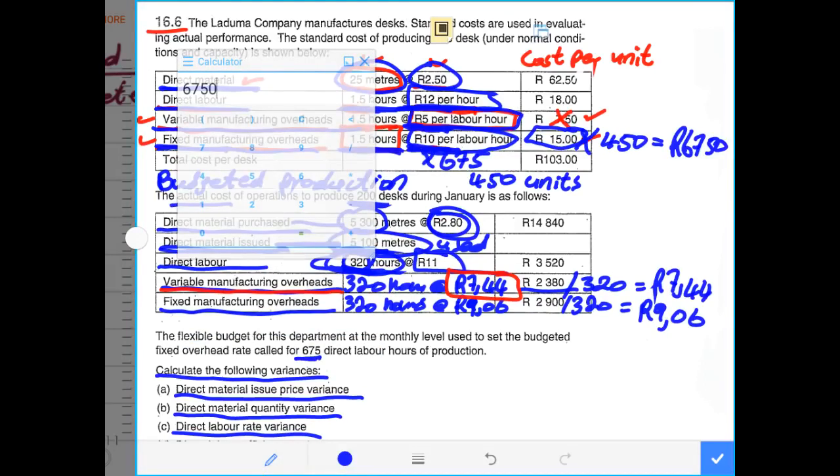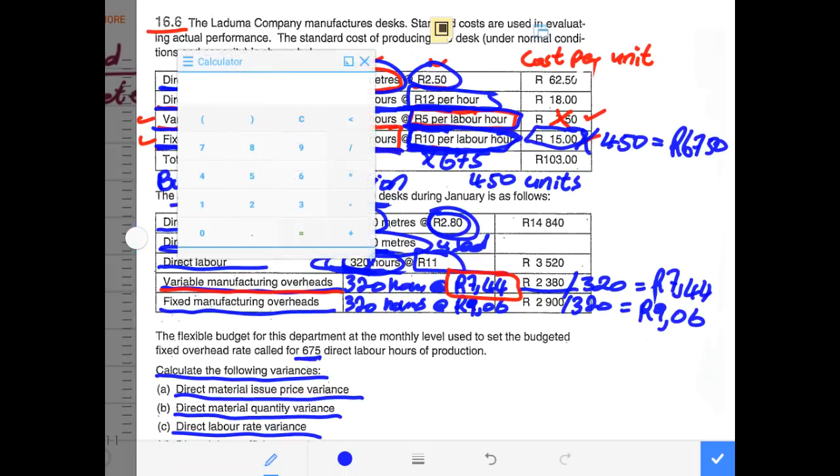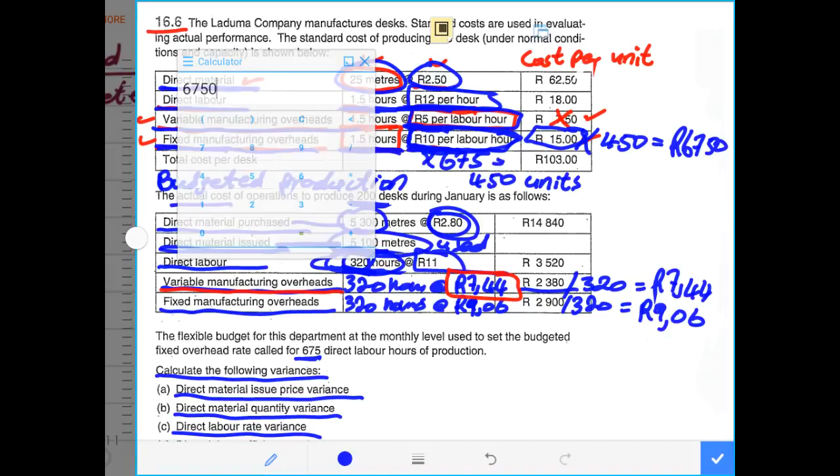So we multiply this by the fixed overhead rate per labor hour: 675 times 10. Then this will give us 6,750, which is the same amount. So now we can see that our budgeted fixed overhead is 6,750.